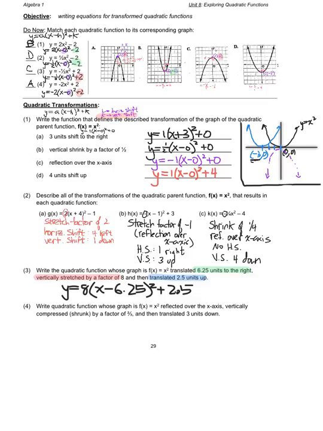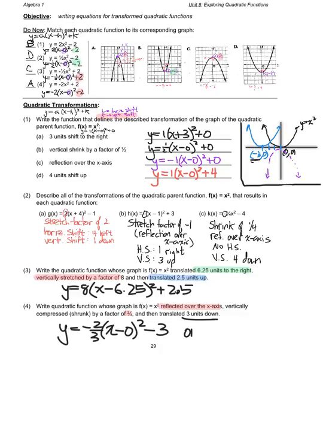All right, so for number 4, write a quadratic function reflected over the x-axis, vertically compressed or shrunk, same thing, by a factor of 2/3, so we'll just hammer that out right away. y equals -2/3, and then translated only down, so x minus 0 squared, but minus 3.